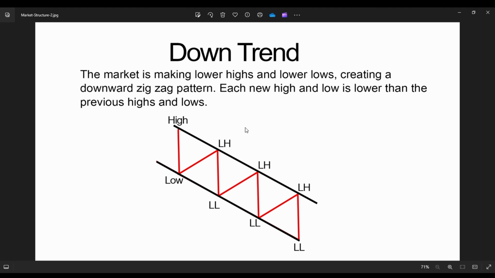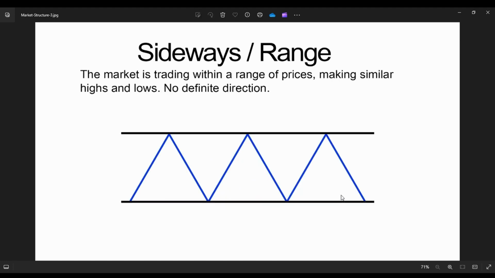The new high will be the next high. So on the downtrend, we are making lower highs and lower lows. This high is lower than this high. This low is lower than the previous low. This low is lower than this low. This high is lower than this high, and so on and so forth.